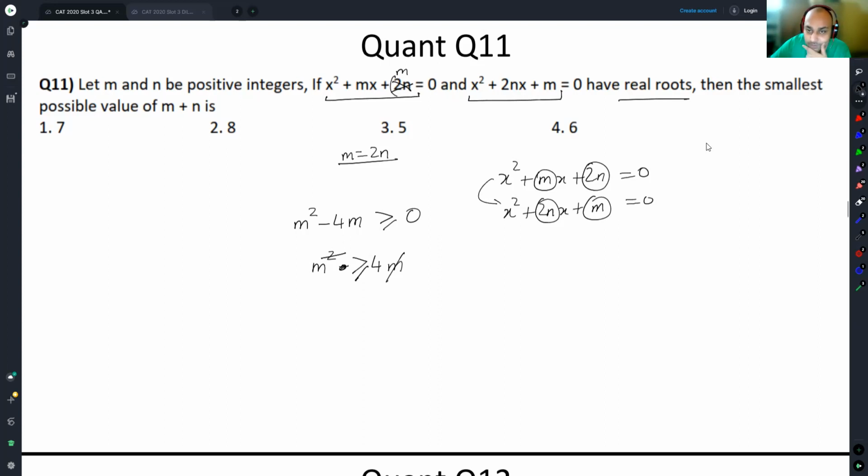From this equation to this equation, m has been replaced by 2n, 2n has been replaced by n. So it is directly visible. Okay. So m is greater than or equal to 4n.